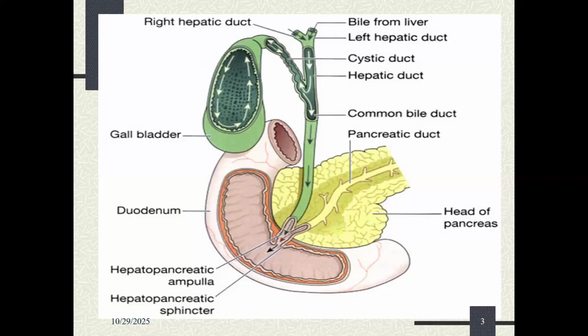So this bile will move from the gallbladder through the cystic duct and enter into the common bile duct.